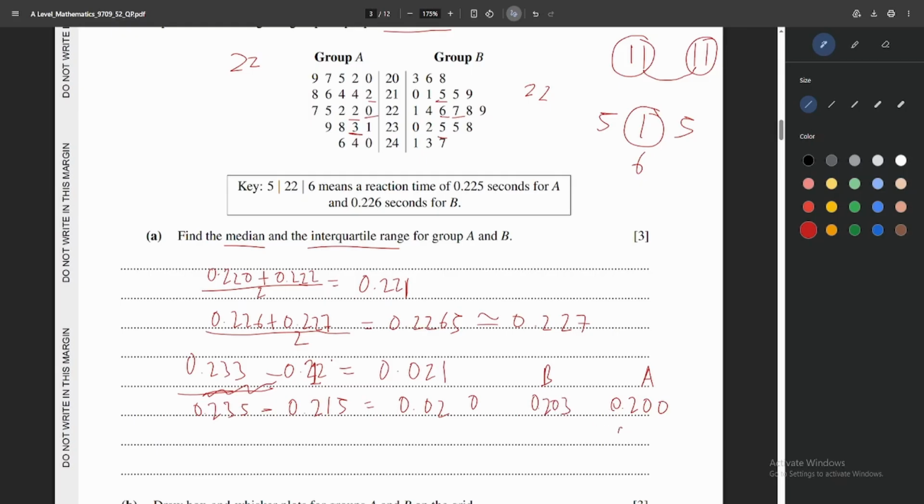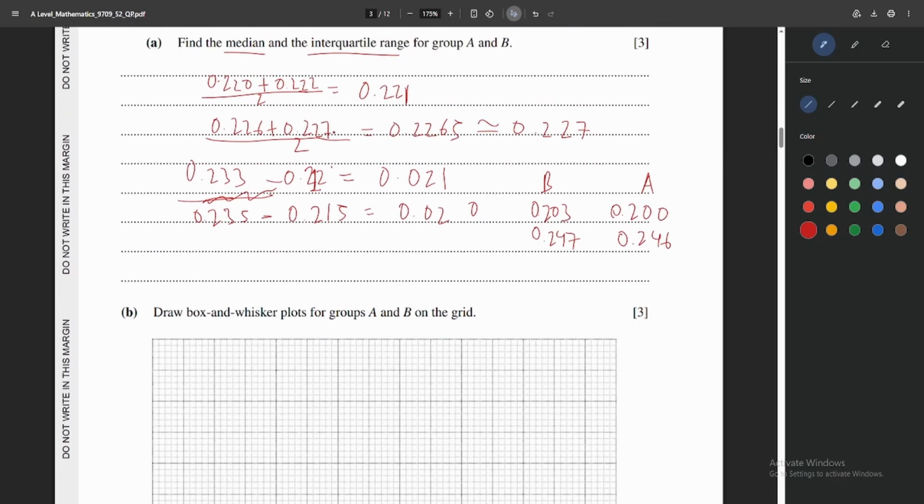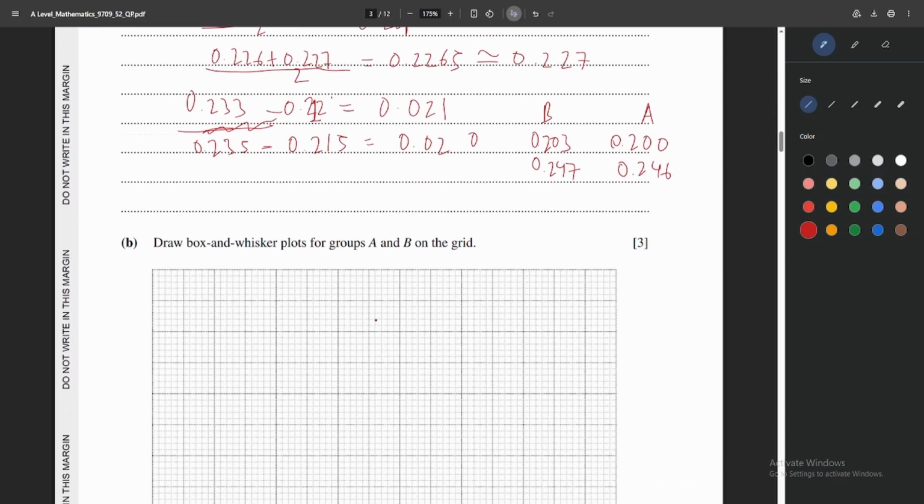The maximum for group A is 0.246, and the maximum for B is 0.247. All right, so we have the medians and the Q1 also, so we have everything we need.